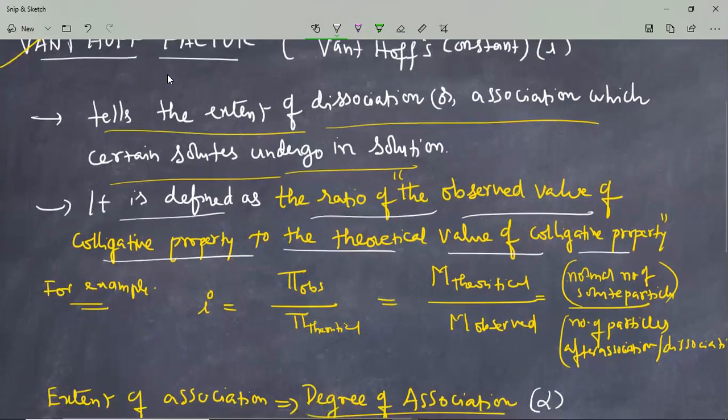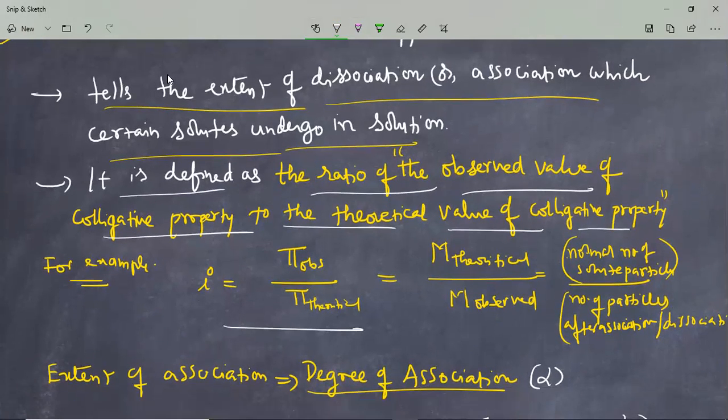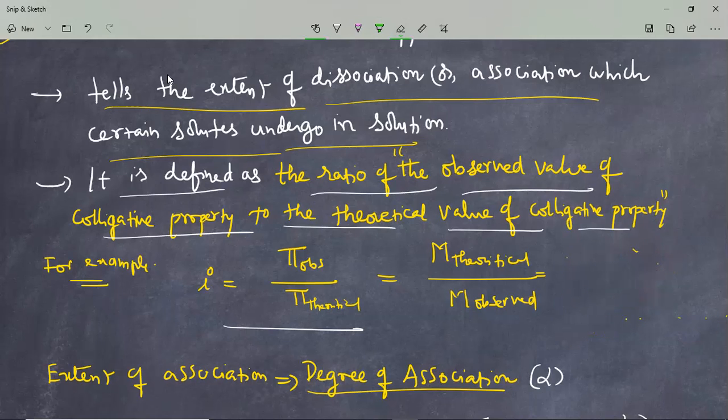So i equals pi observed by pi theoretical, or colligative property observed by colligative property theoretical, which equals theoretical molar mass by observed molar mass, or the normal number of solute particles by the number of particles after association or dissociation.